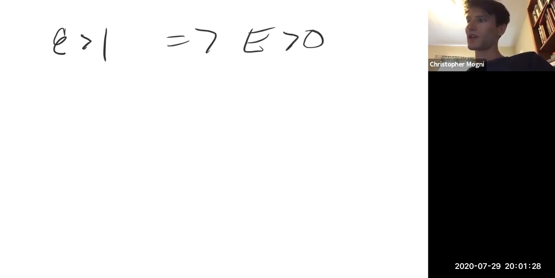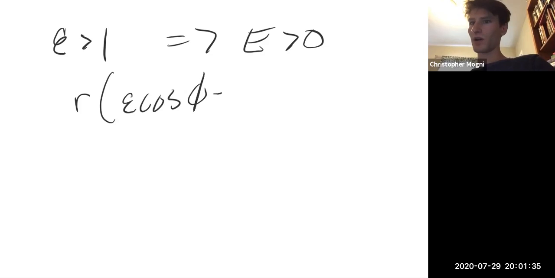What we're going to see is that r times epsilon cosine phi minus 1 is equal to C by manipulating the expression for r. And what that means is that we can start figuring out what the trajectory is by plugging in the appropriate expressions for x and y.